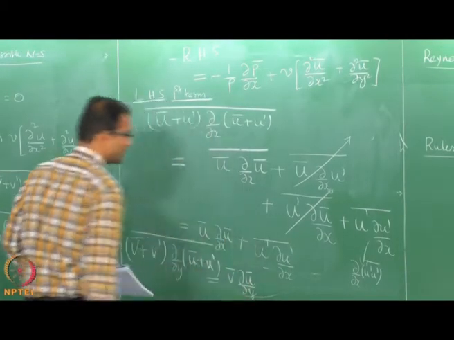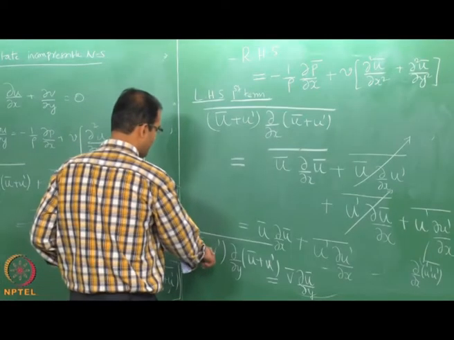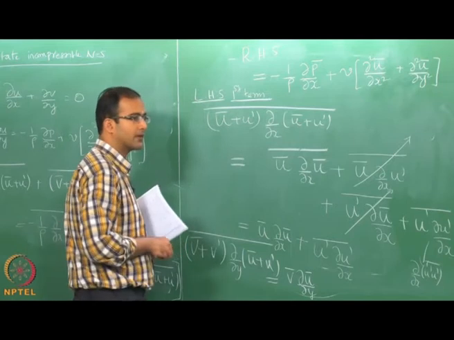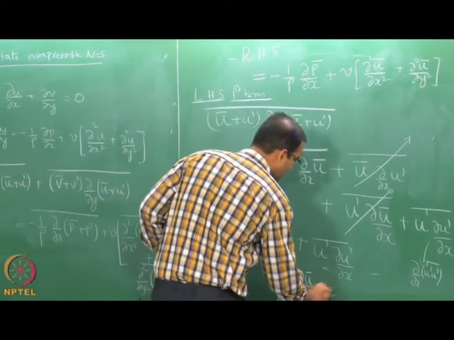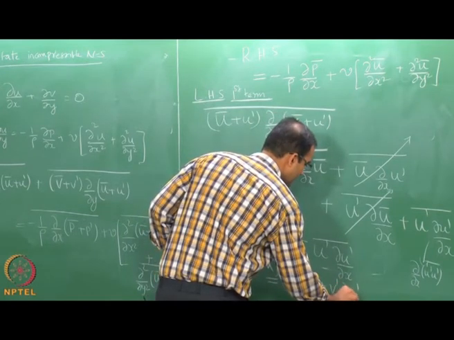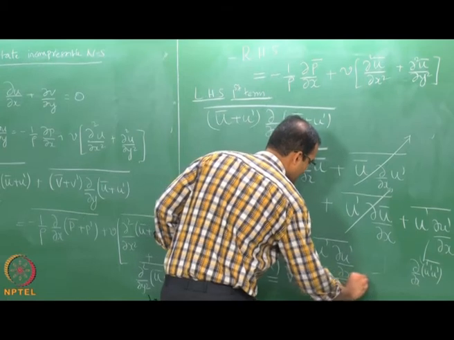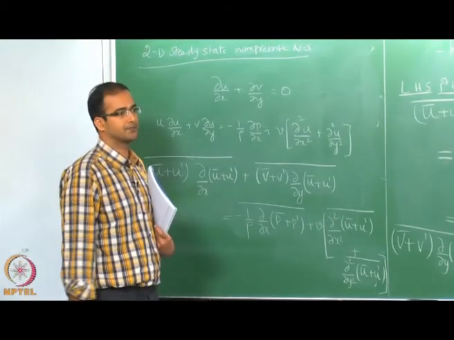The mean components will come as they are. Now, fluctuating components, when they are multiplied with the derivative of the mean components, will be gone, and you have another component, v prime du prime by dy, and the mean of this will not be 0.